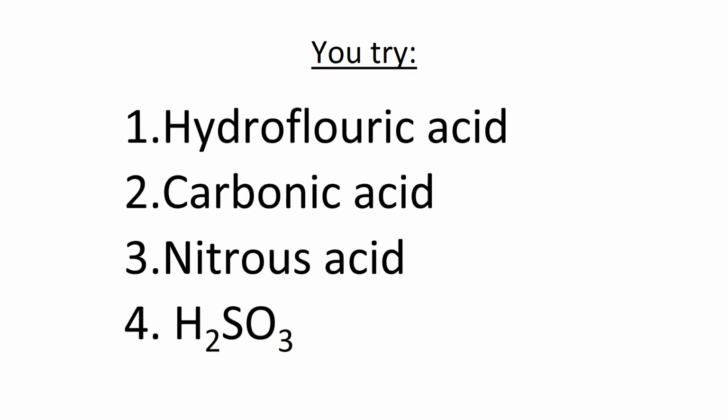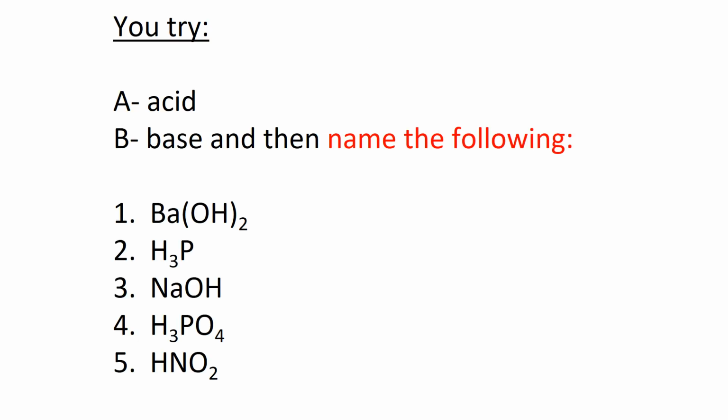All right. So now let's go back to our list that we had before, and let's see if we can name them along with identifying it as an acid or a base. So we identified BaOH before as a base, right?